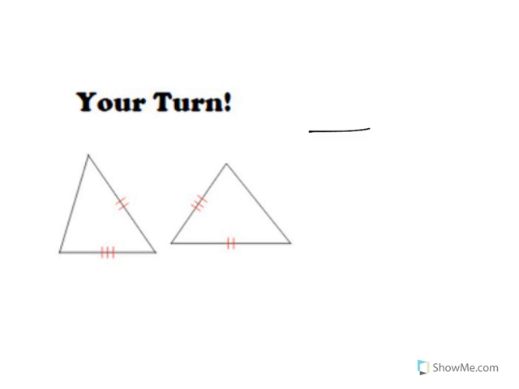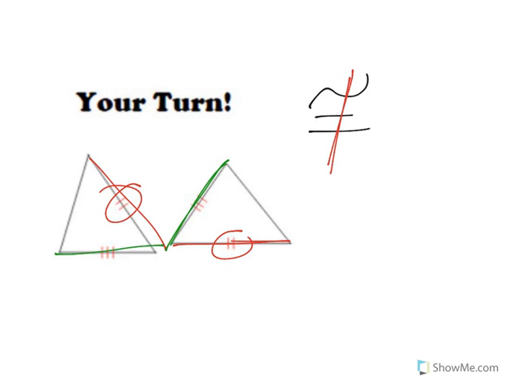So if you got not congruent, you are correct. Okay, these are not congruent for the reason that this side and this side, although they are congruent, okay. So although those sides are congruent, and then we could take these sides here and say, well, they're congruent as well.